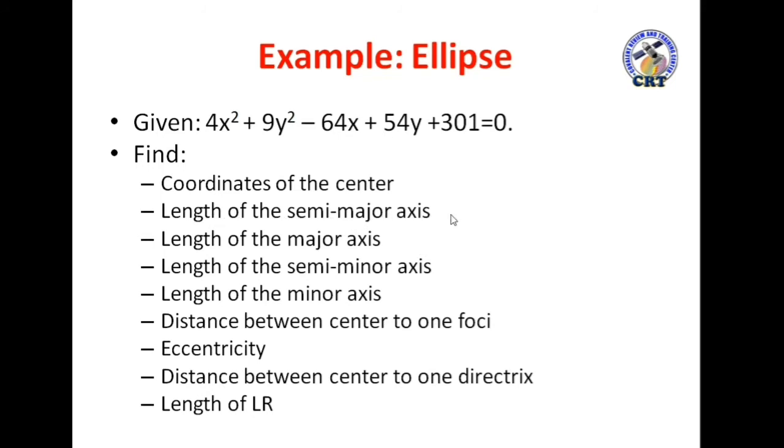Ito yung A. Major axis, ito naman yung 2A. Semi-minor axis, ito yung B. Minor axis, ito yung 2B. Distance between the center to one foci, ito yung C. Eccentricity. Distance between center to one directrix, ito naman yung D. And the length of the latus rectum.